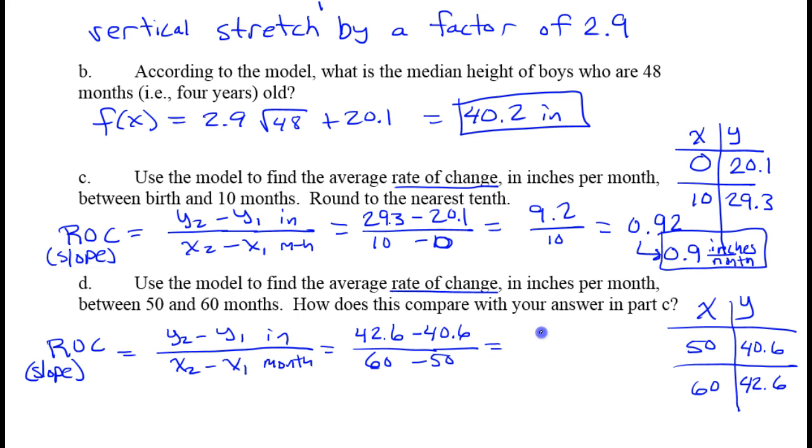Well, 42.6 minus 40.6 is just 2 inches, and 60 minus 50 is 10. Now 2 divided by 10, again move that decimal point one time, is 0.2 inches per month.